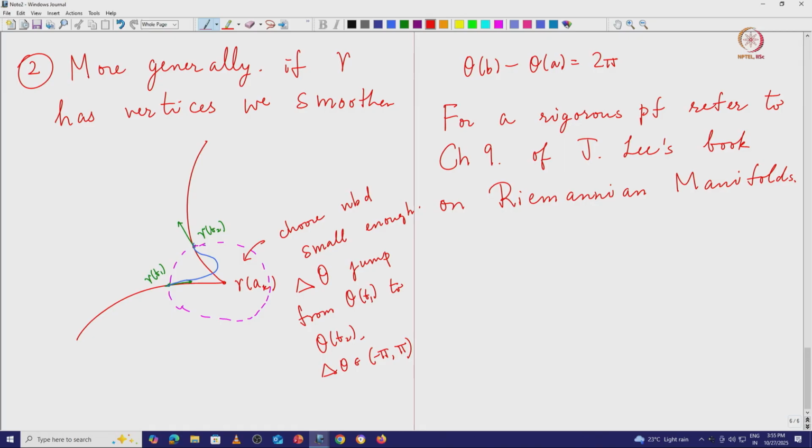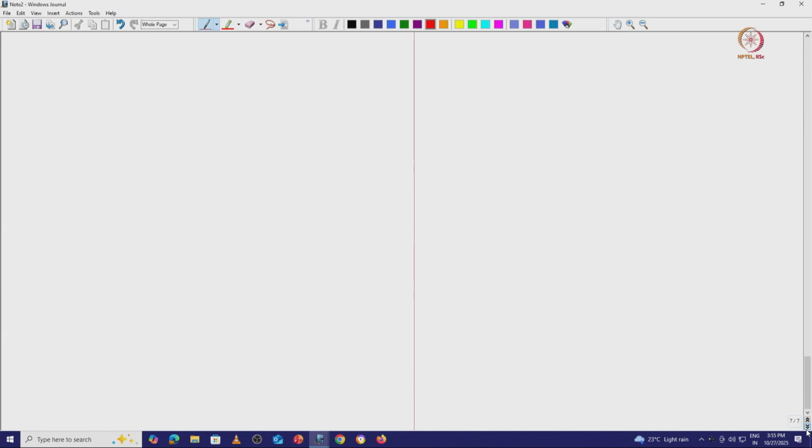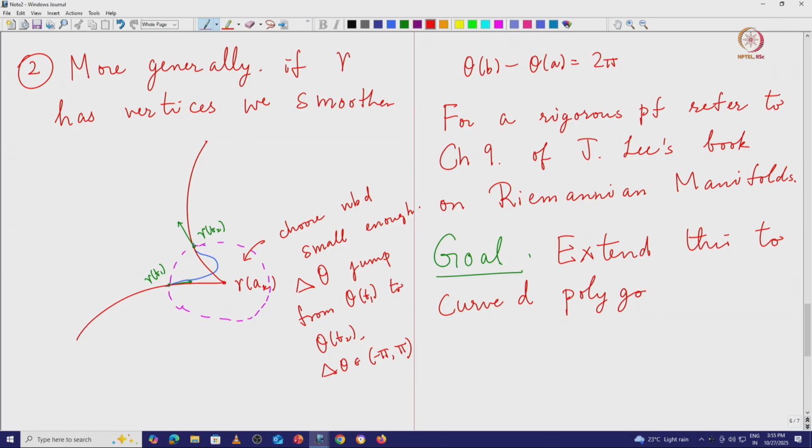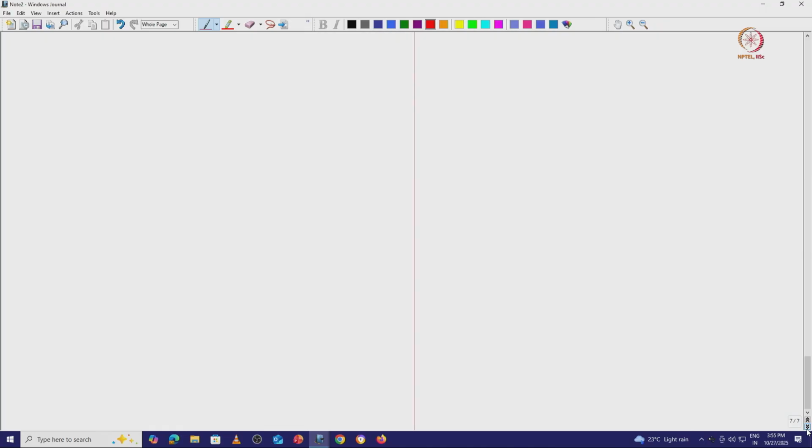So now our next goal is to extend this to curved polygons on M. Let me recall the setup of local Gauss-Bonnet.